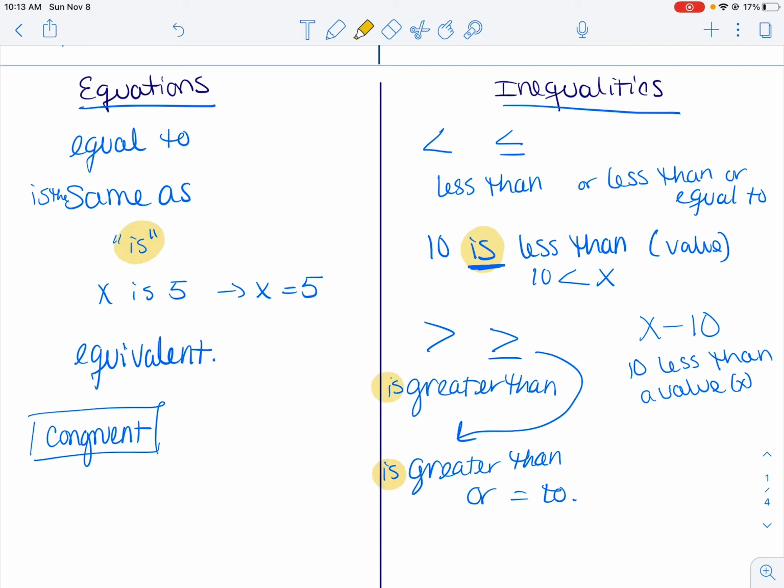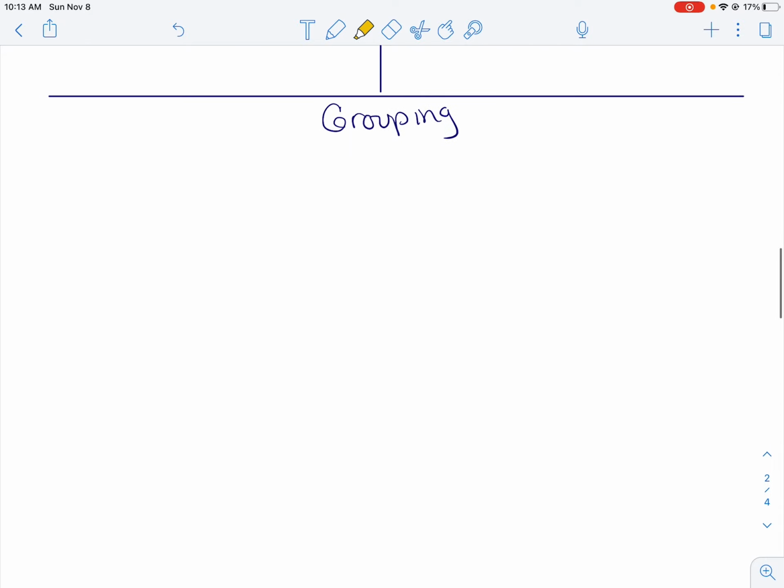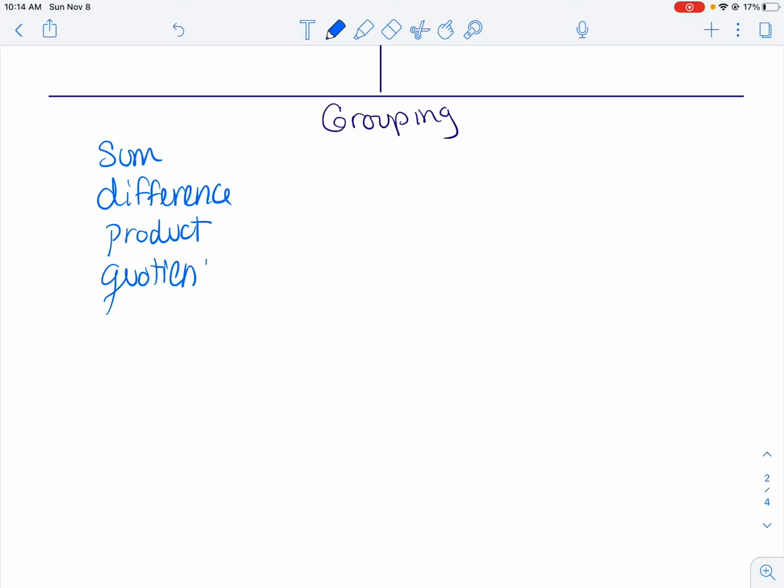Is is really important when we're making equations or inequalities. And then the last thing is grouping. There are a few phrases that mean that something is grouped together. Some of those phrases we already talked about: the sum, the difference, the product, and the quotient.